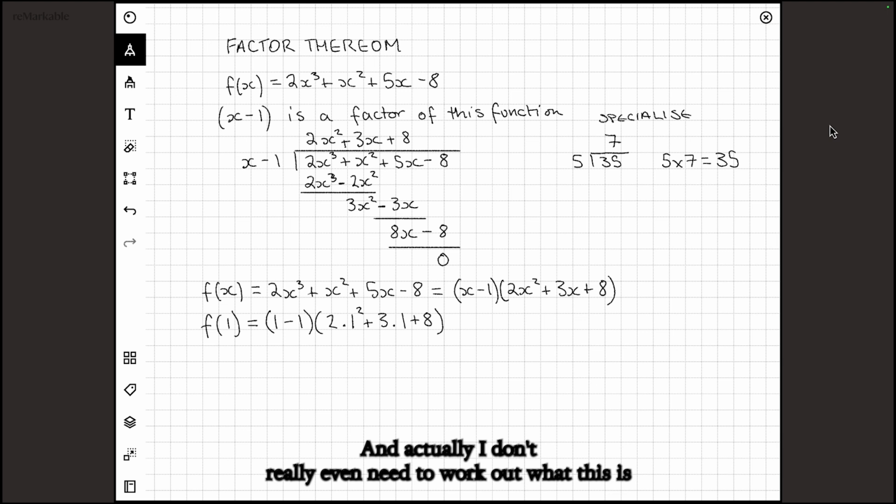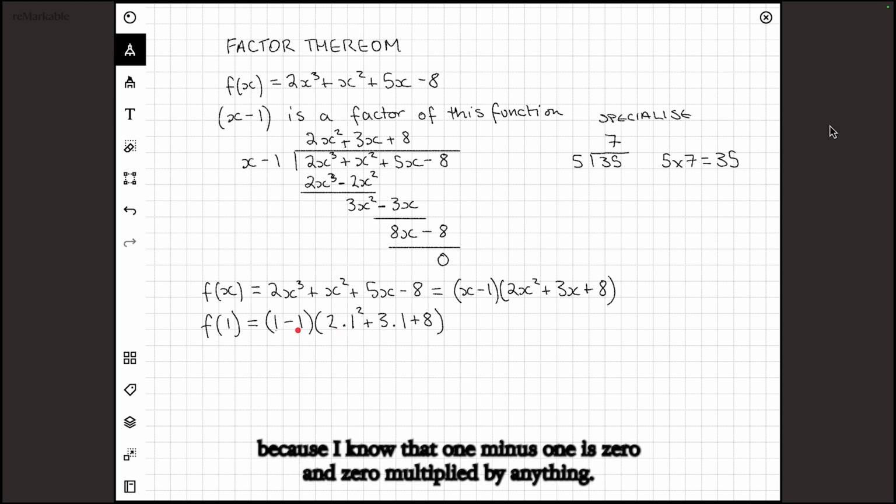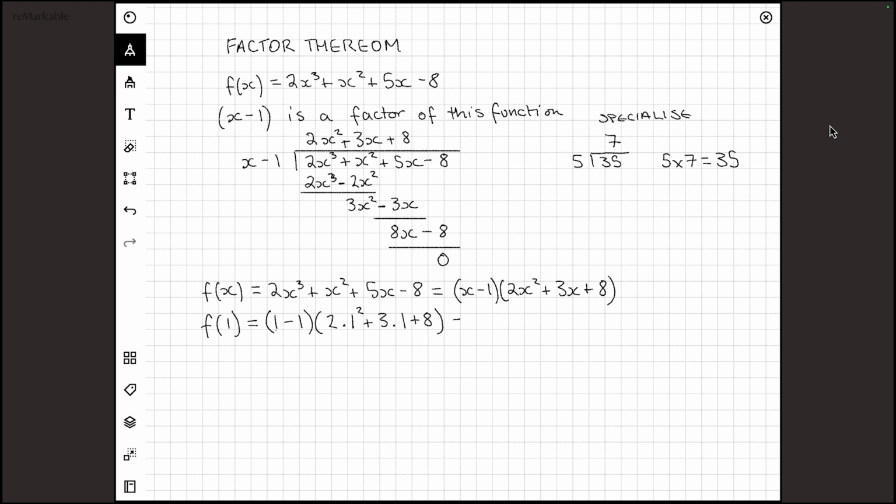And actually, I don't really even need to work out what this is, because I know that 1 minus 1 is 0, and 0 multiplied by anything, it happens to be 13, but 0 multiplied by anything equals 0. So I know that equals 0. So let's think about this for a second. If I substitute in the value of 1, which is connected to here, is the negative value of this, I get 0. I know this is a factor.